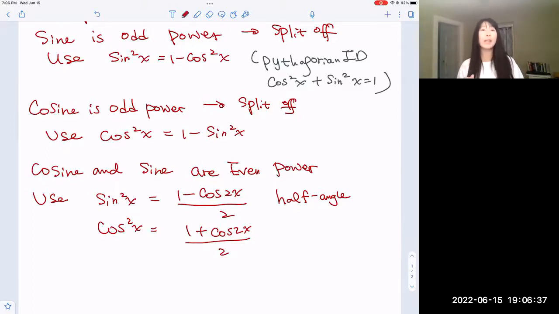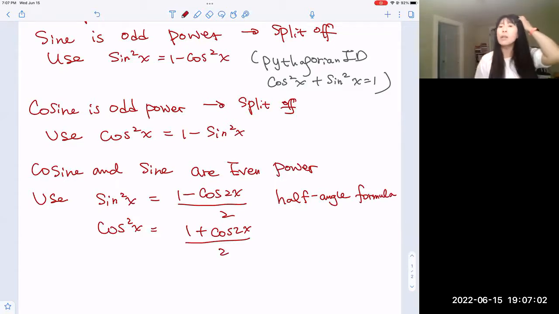Then cosine is an odd power, we split off. Then we are using cosine squared x equals 1 minus sine squared x. Okay, even power, then from pre-calculus or trigonometry, we are using the half angle formula. This is a formula actually, right? Then we have sine squared x equal to 1 minus cosine 2x over 2.